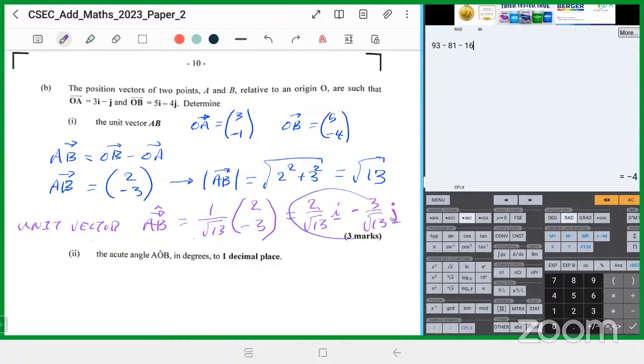We calculate the modulus of this, we're supposed to get 1. Let's check it. So the modulus of this vector, because the unit vector is supposed to be 1. So let's just check it.